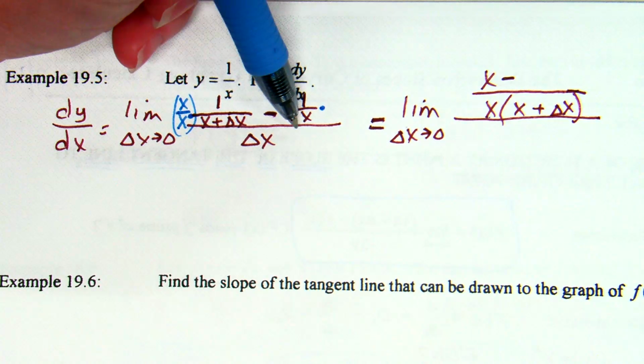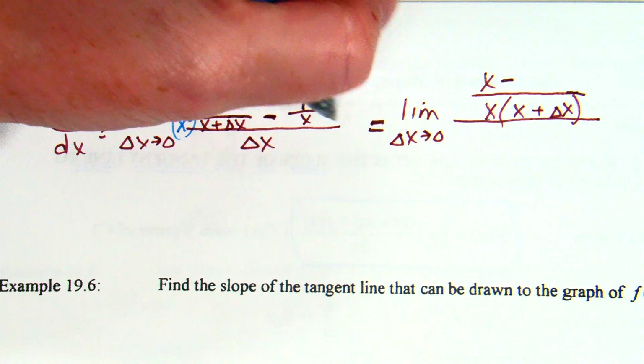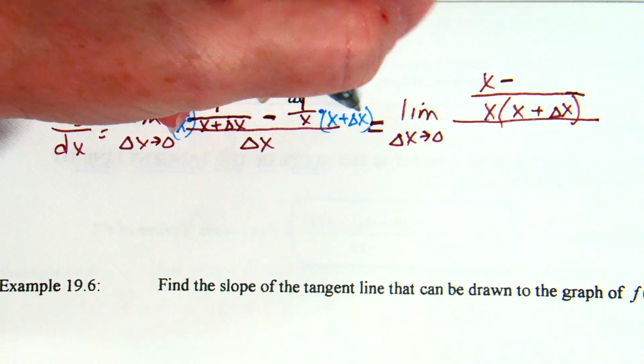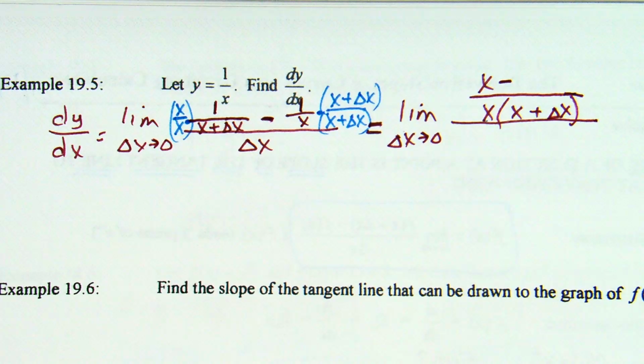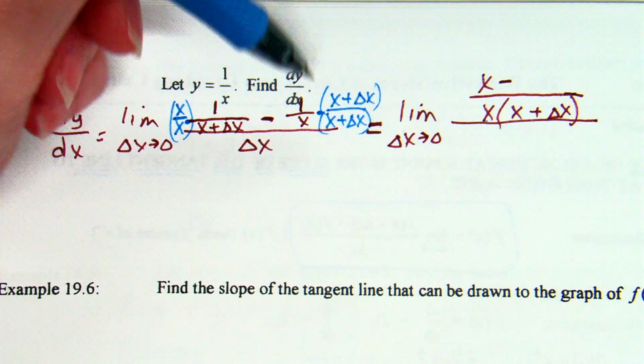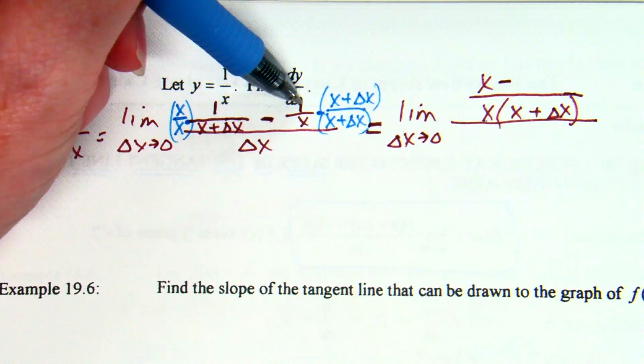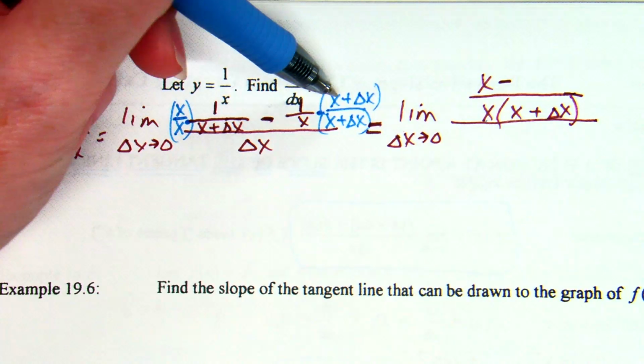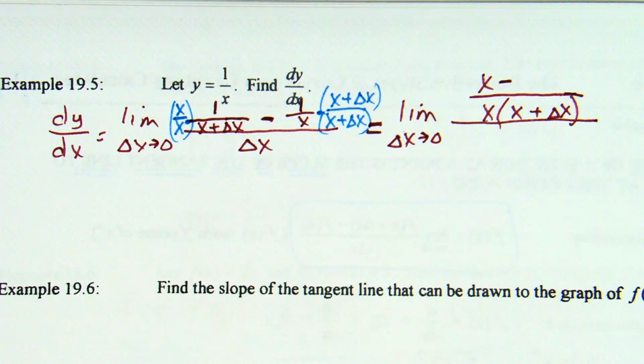What part am I missing? X plus delta x. What I multiply the denominator by, multiply the numerator by. So I'm taking my numerator of 1 and multiplying it by x plus delta x. What is 1 times x plus delta x? X plus delta x.